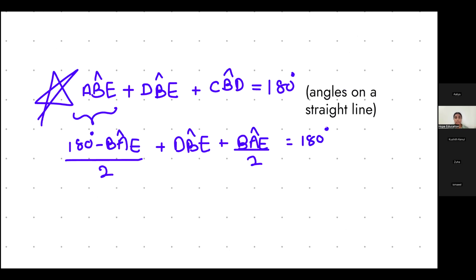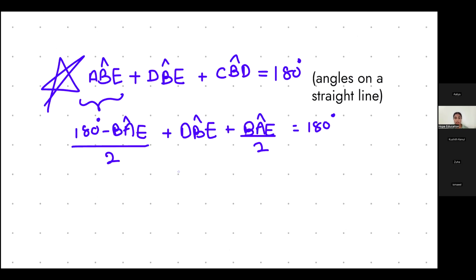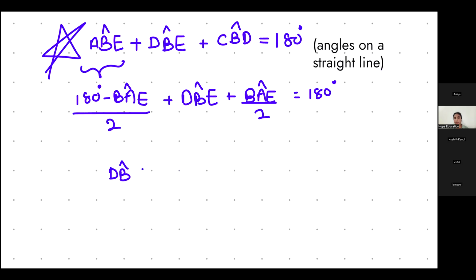Now I write DBE on the side because it has no divided by 2, but the other two have it, right? So I can write it with a common denominator. Here 180 minus BAE. Here we just have plus BAE.